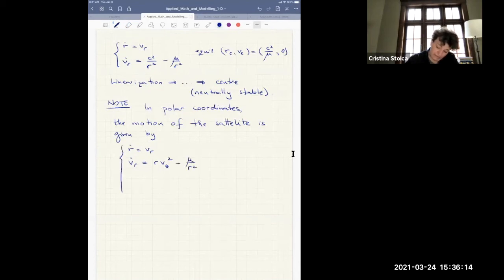And then if we're to do it like at school, v theta, and then we ended up with that relation, writing it in v theta and whatever. But I like it like this because in this way we can detect the integrals of motion. So when we pass to polar coordinates, this is the system that we obtain.